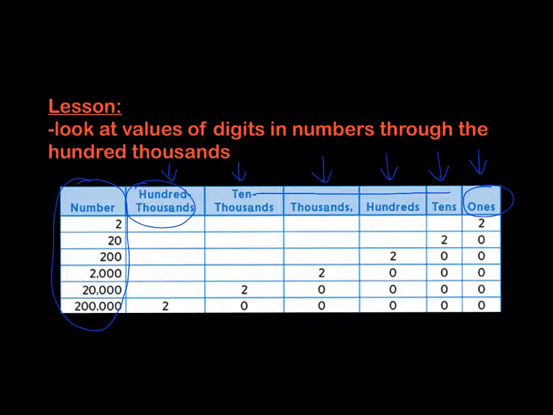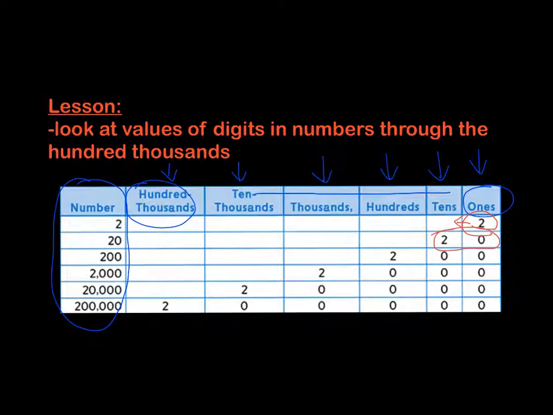When we look at our first example, the 2 is only worth 2 ones. As we move to the left, the value of that 2 is increasing by 10, which means I could multiply 2 times 10 to get 20 for the second number in the second row.